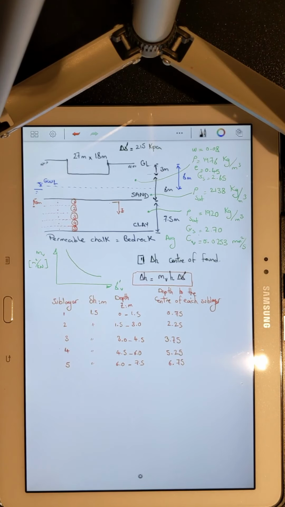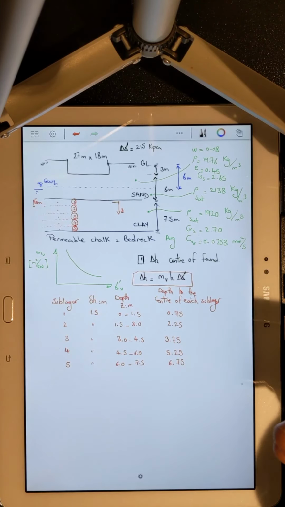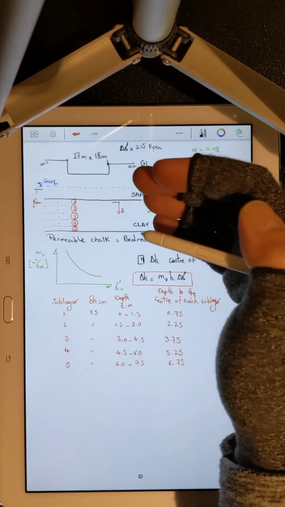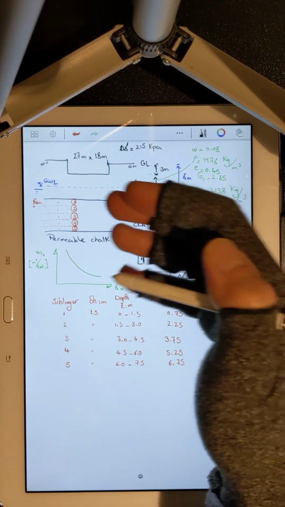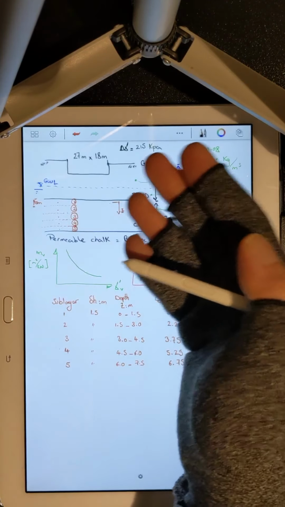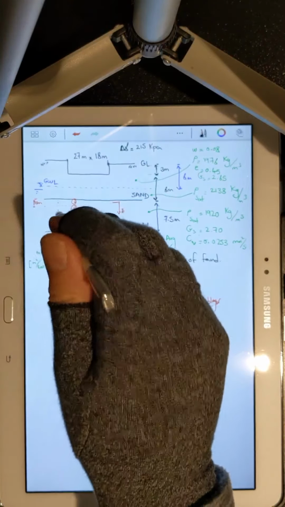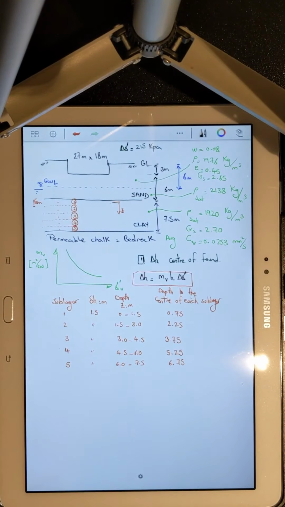What I need to do is to determine the delta sigma, or the effect of change in total stress, the effect of change in, let's say, the effective stress at the ground level, right at the point of interest, which is the middle point of each sublayer.